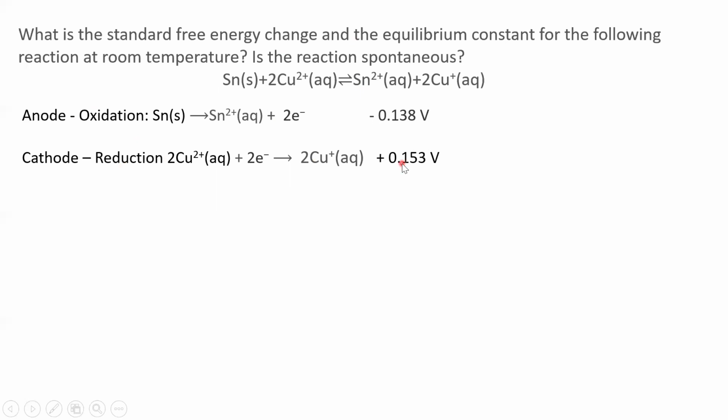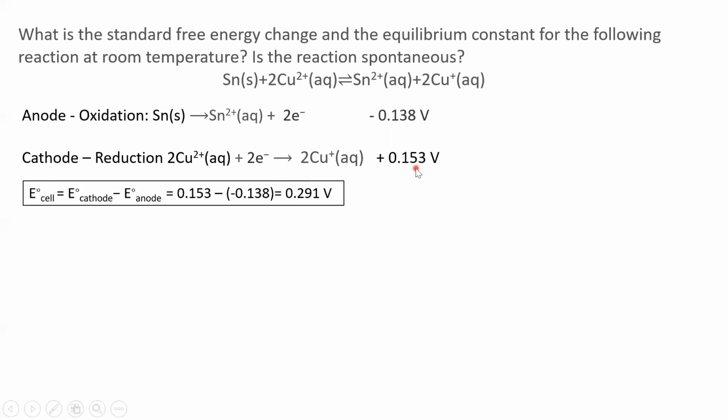So step number 1, calculate the potential difference between the reduction and the oxidation. You're taking the cathode value and subtracting the anode value to see what you get for the voltage across our cell. The cathode is 0.153. The anode is negative 0.138.